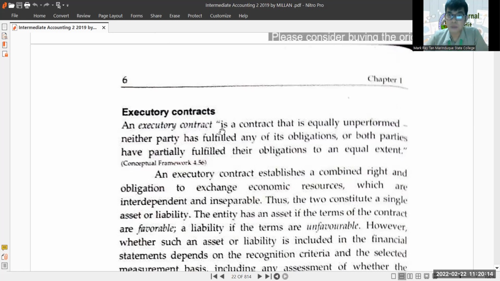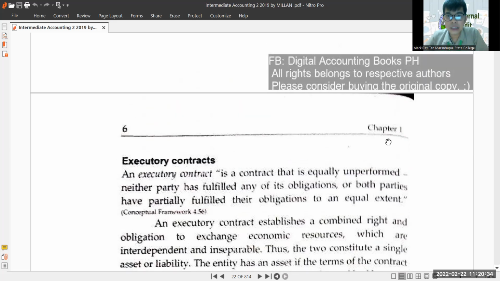Sige, basahin ko din. Hindi ako law expert, kaya basahin natin. Pero I believe if you have undergone law and obligations and contracts, na-encounter nyo ito. So an executory contract is a contract that is equally unperformed. Okay, so may kontrata daw, whereas yung dalawang parties is wala pa silang na-render na kahit anuman.